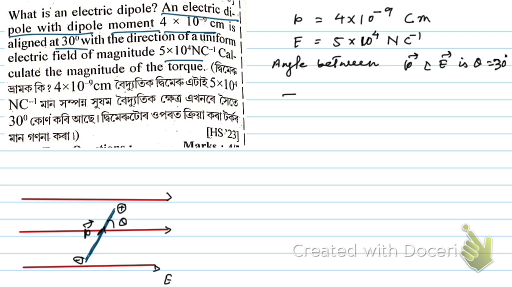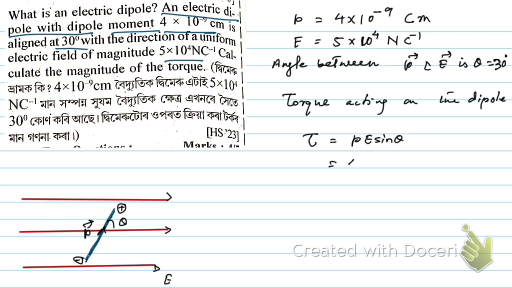So we know the torque acting on a dipole, tau is equal to PE sin theta, right?